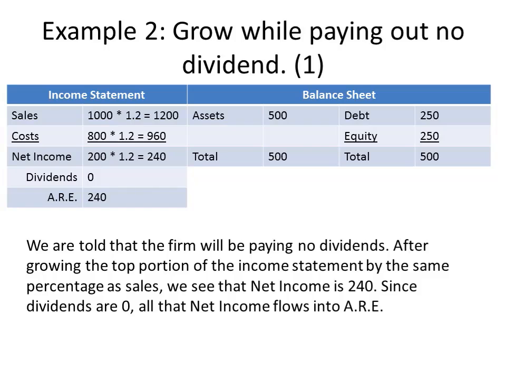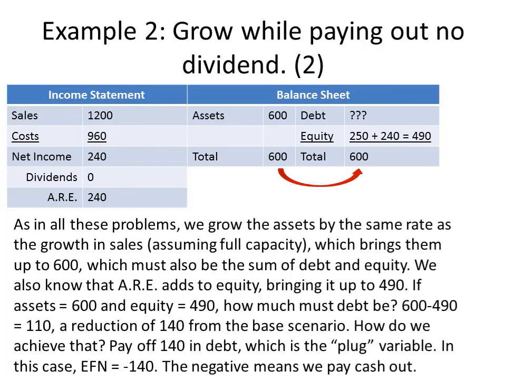Because of the constant profit margin assumption, net income grows by the same proportion, and we wind up with 240 in net income. Since we're paying 0 in dividends, that means we're going to have 240 in addition to retained earnings.